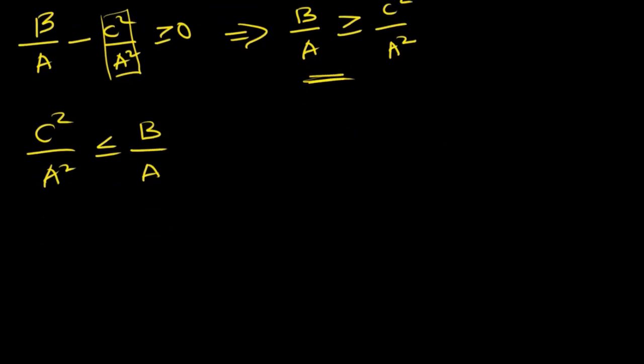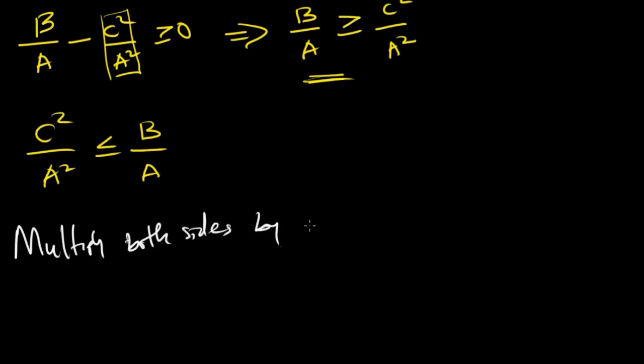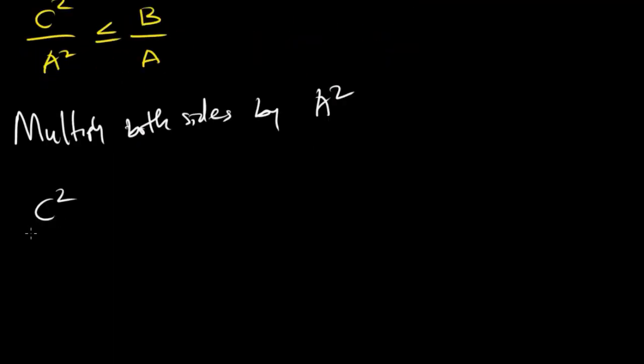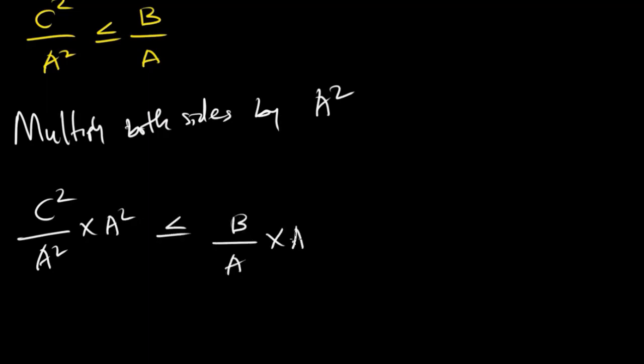So knowing this, if I'm multiplying both sides by A squared, then I have C squared over A squared multiplied by A squared less than or equal to B over A multiplied by A squared.